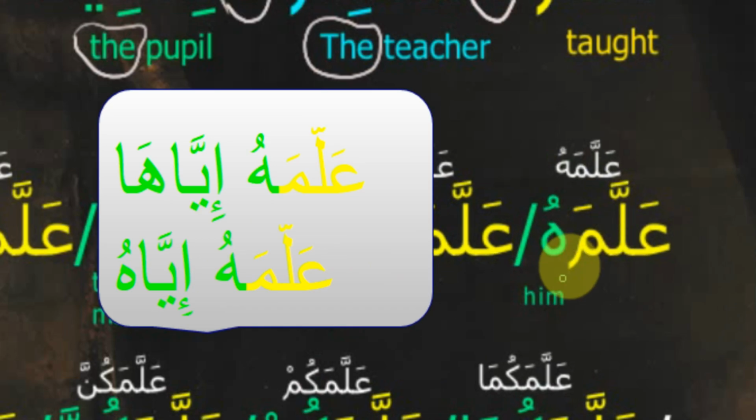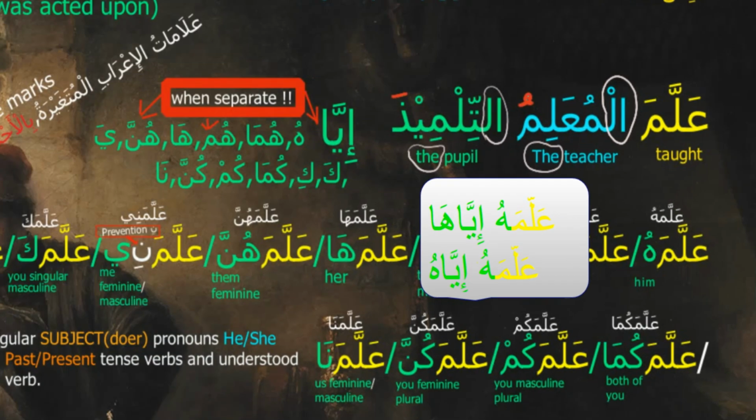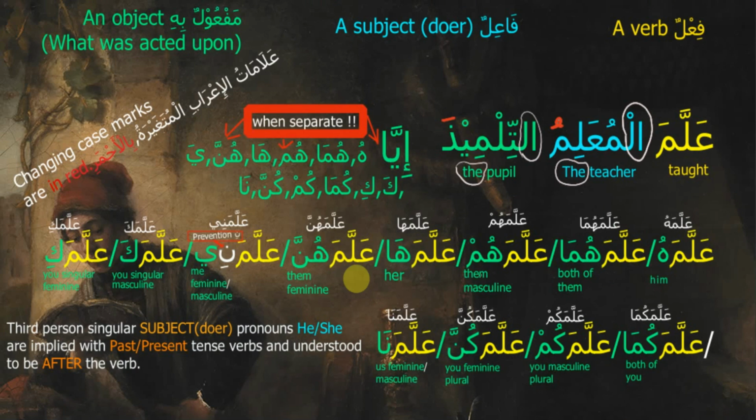So علمه إياها, he taught him it, or علمه إياه, he taught him it. The same goes here, depending on what you are talking about. Now just make sure that when it's separate you add this إيا here.